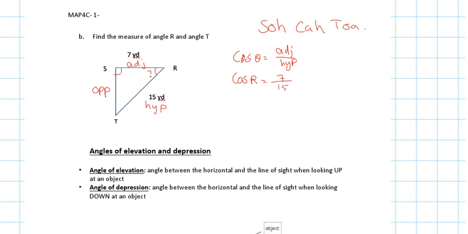So what do I do? What do I write though? So I write R equals cos inverse bracket 7 over 15.